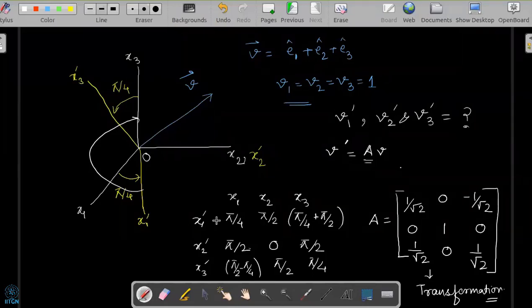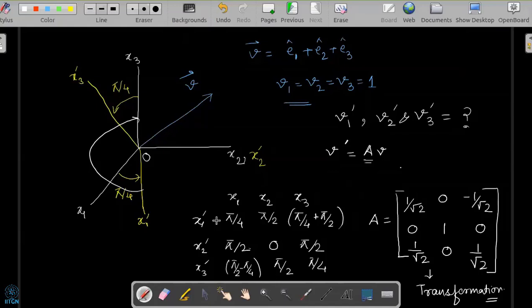You put your hand, you are holding the x2 axis in your hand, and you are rotating the x1, x3 plane anti-clockwise. Actually you are just rotating a plane, and that's why you are not disturbing the perpendicularity between x2 and the other axes. Is it clear now?